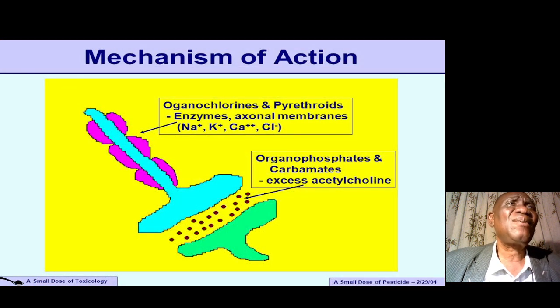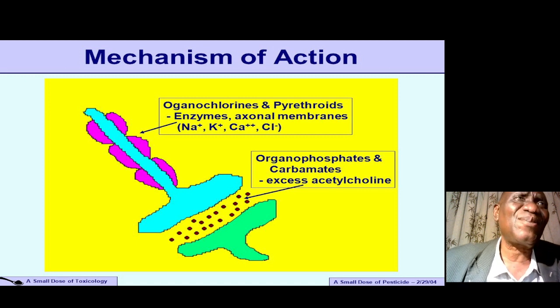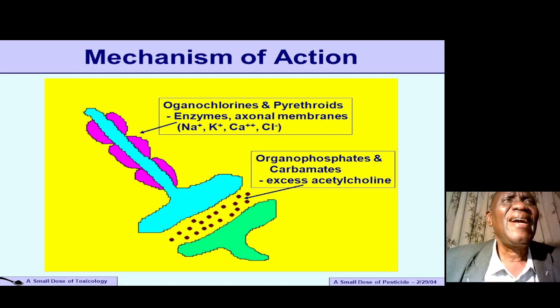So we have organochlorines and pyrethroids, which may affect the membranes, which eventually cause movement of sodium and potassium, which is not normal. It could be calcium and chlorine.